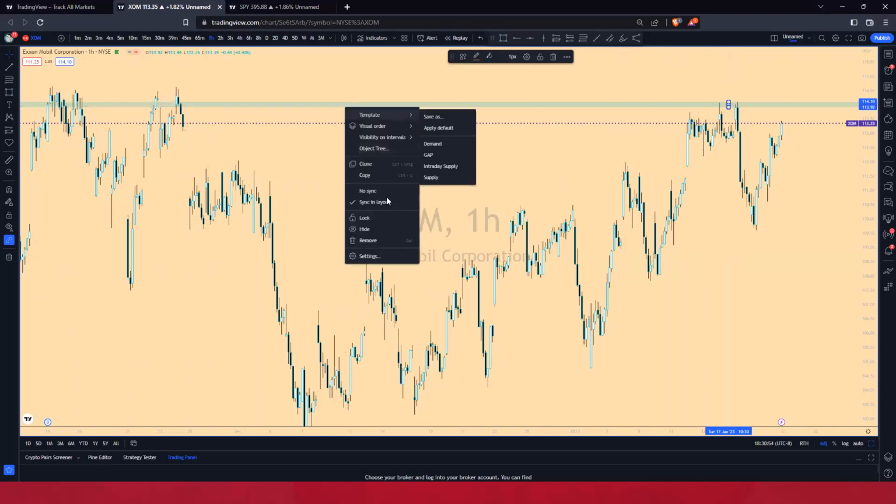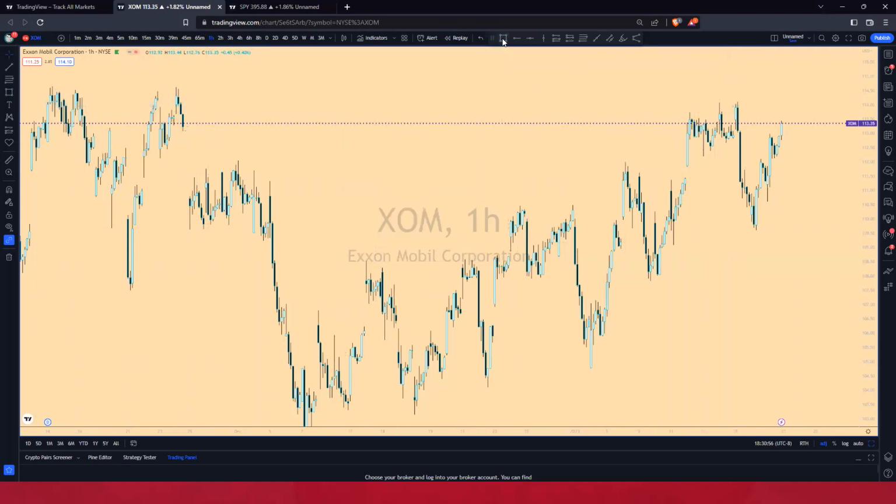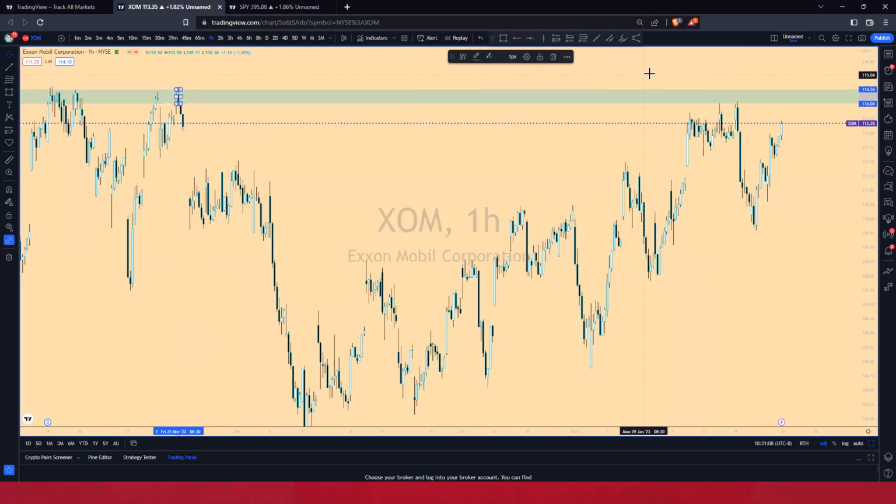So what I'll actually do is I'll start right here at this wick, this kind of all-time high wick, and I'll take it to the very next time we bounce to our most recent price action. All the way over here. See that?